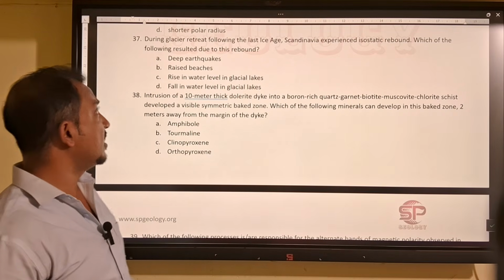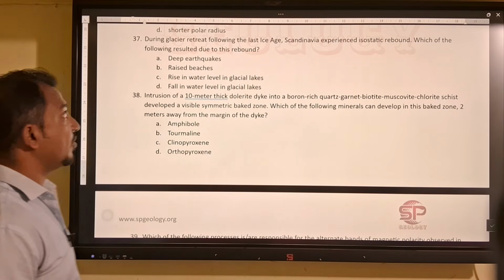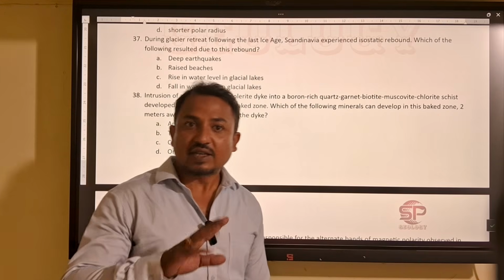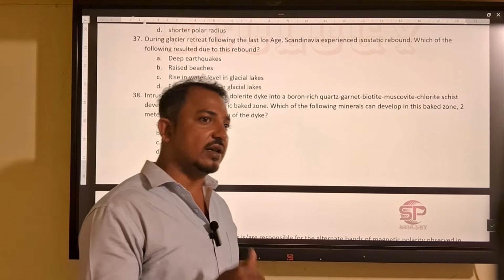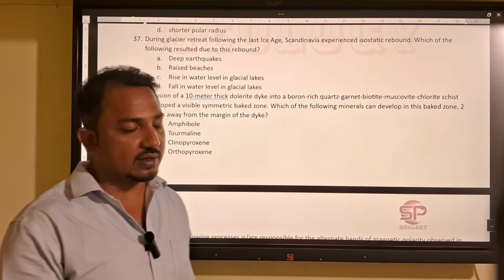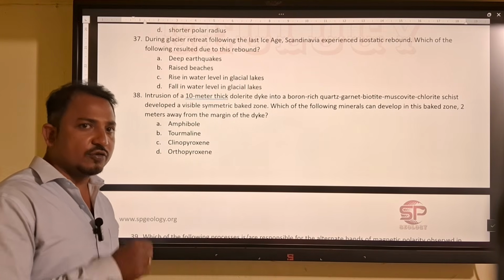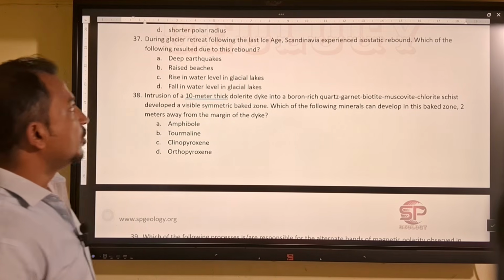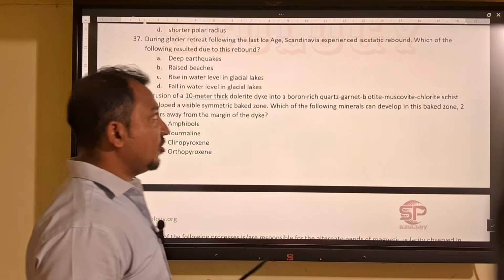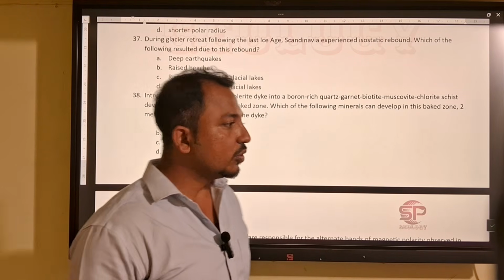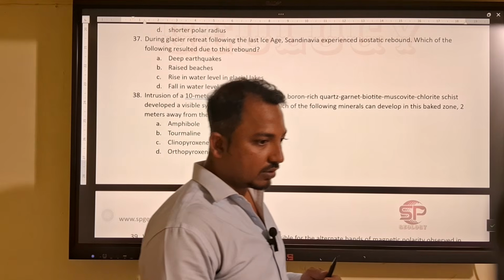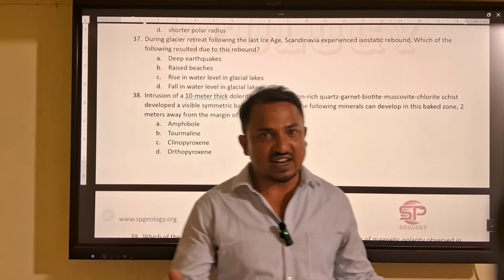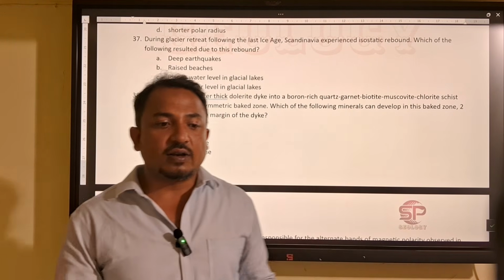Next, another question: during glacial retreat following the last ice age, that means after the ice age, the glaciers start to melt. That is an interglacial period. Scandinavia experienced isostatic rebound. During the glacial period, what happens? Suppose in Scandinavia the crust is covered by ice.